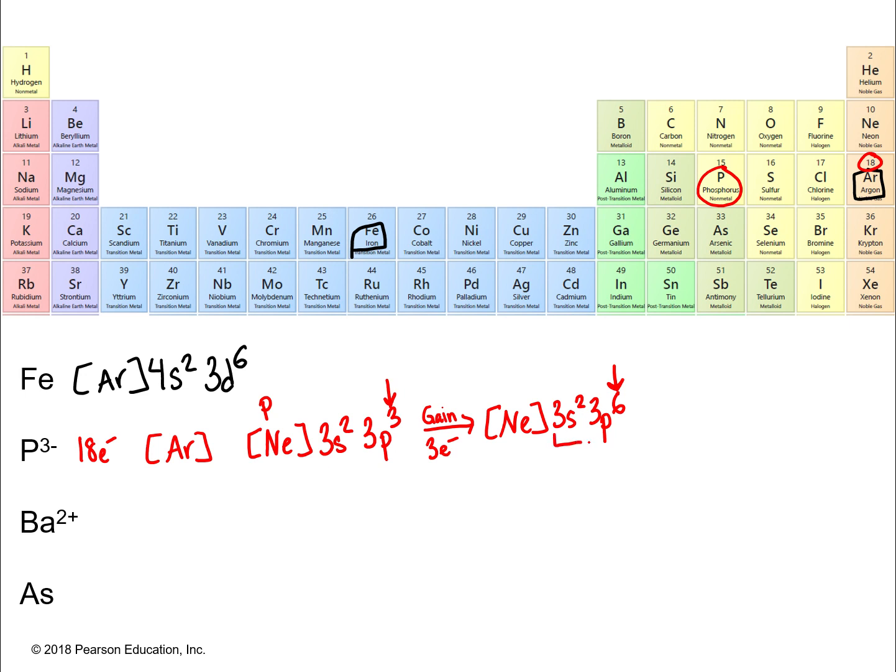But this 3s2, 3p6, that's a full octet there. So instead of using neon, we should actually be using the noble gas that's in the same row as phosphorus. So all of that is the same as saying argon.